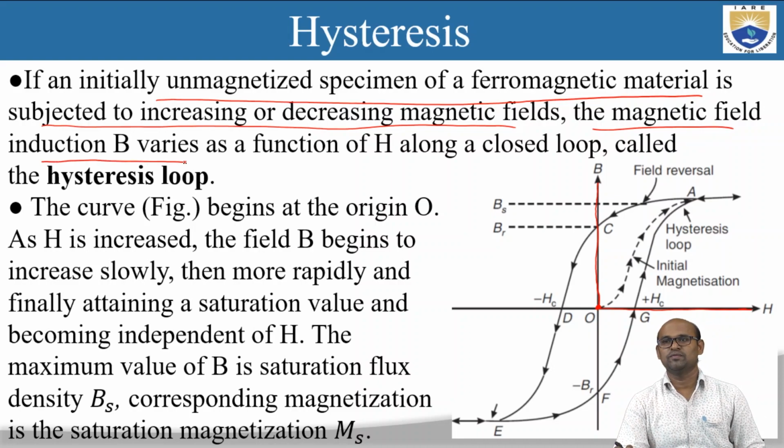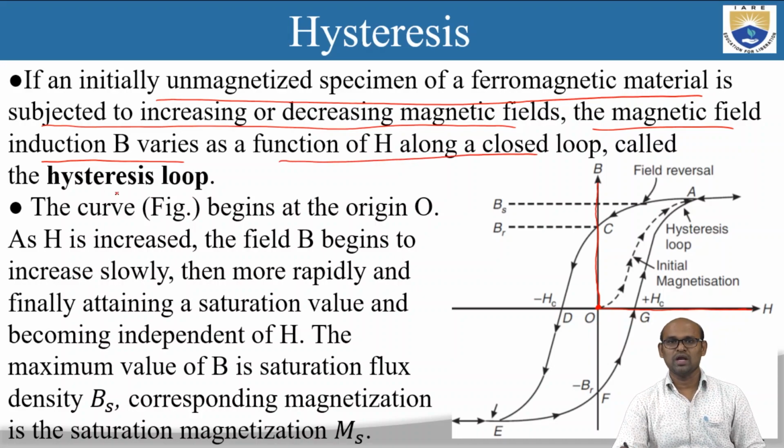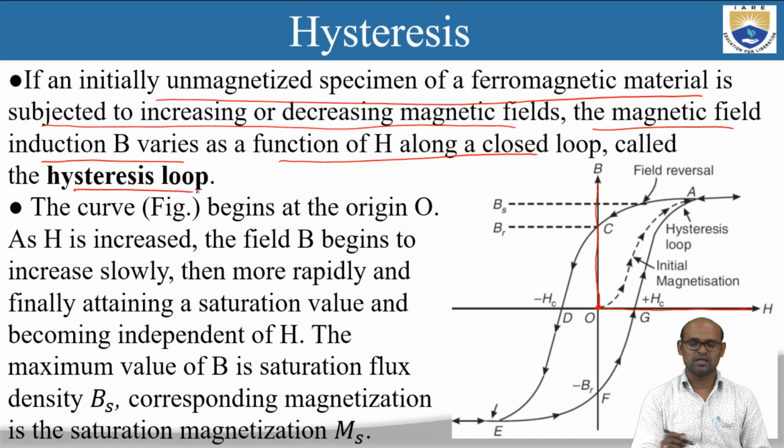How does the magnetic field induction vary as I apply the magnetic field along a closed loop? This observation of how the magnetic field induction varies as a function of the applied magnetic field is called a hysteresis loop or BH curve.